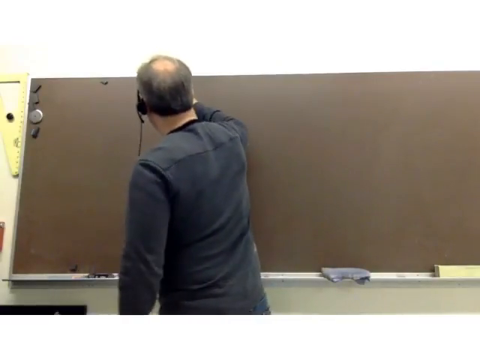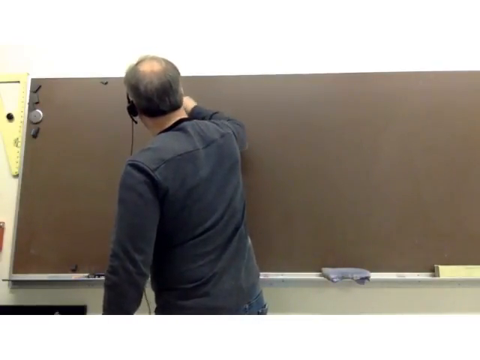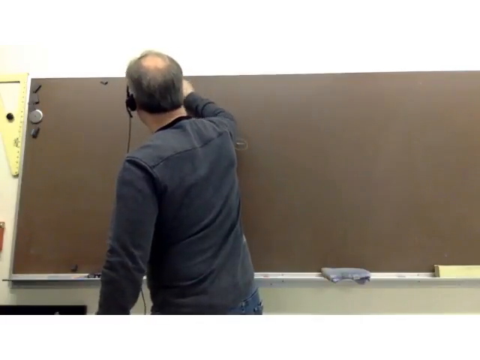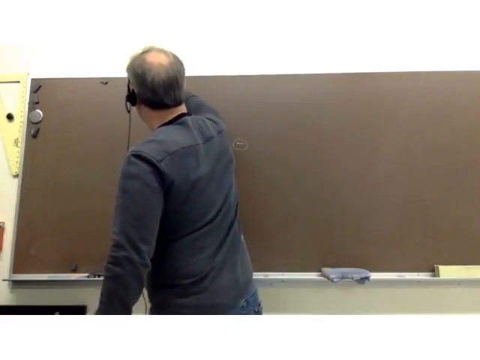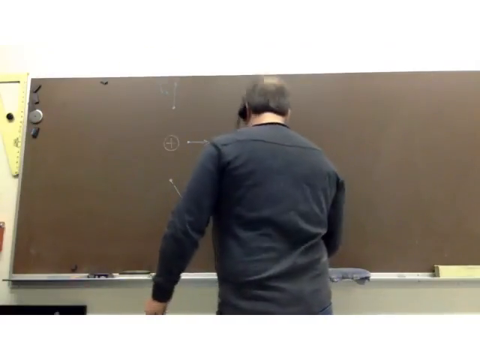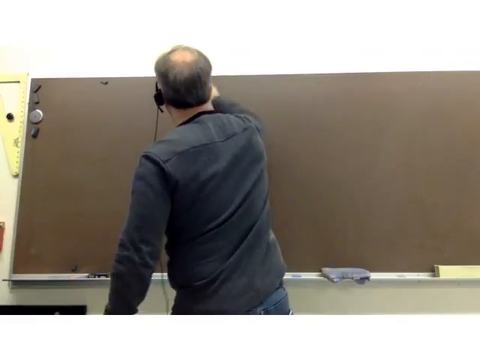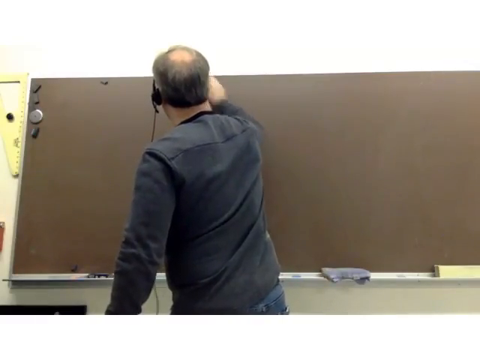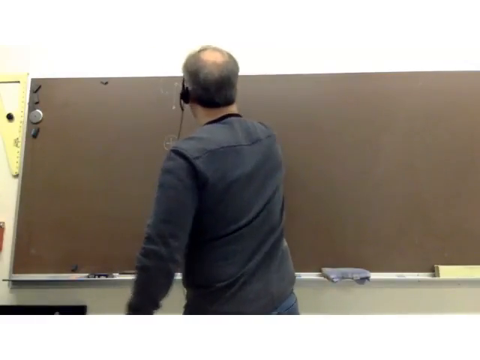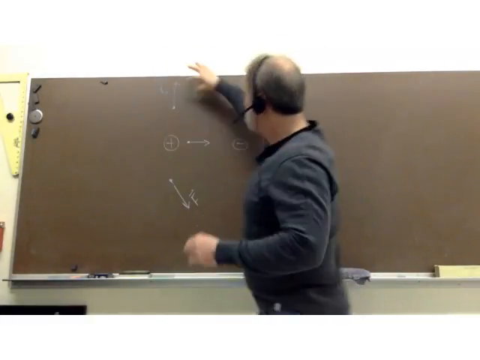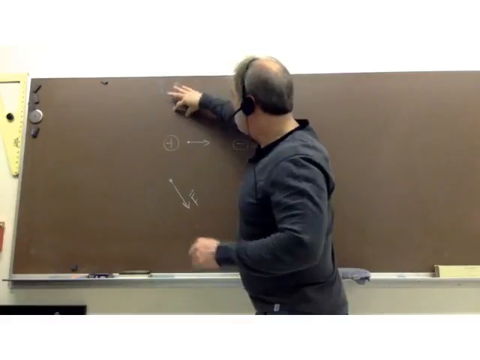All right. Strongly repulsive force. So if you imagine a positive charge placed in this location, there's a strongly repelling force from the positive charge and a weakly attracting force from the negative charge, again putting tail to tail.